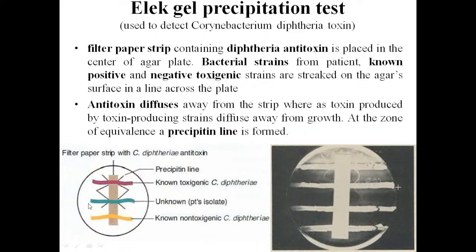So this is the unknown bacterial strain isolated from the patient. This is the known positive, because we should compare them, and this is the known negative.